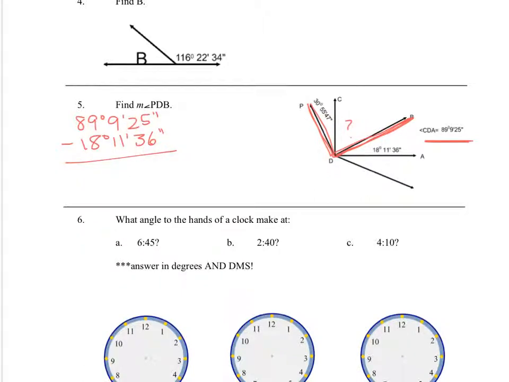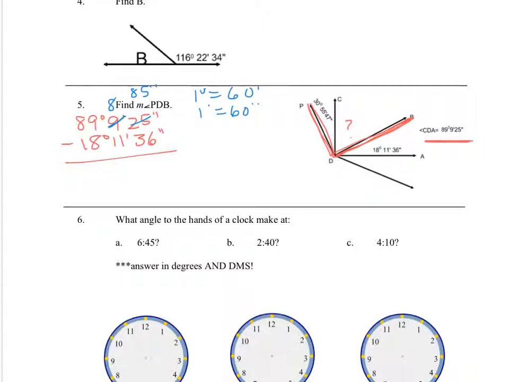So we're going to remember that, first of all, 1 degree equals 60 minutes, and that 1 minute equals 60 seconds. Okay, so that's going to be helpful to us here because we're actually going to borrow from our minutes. And since we borrowed 1 minute, we're going to add 60 seconds. So that's going to become 85 seconds.